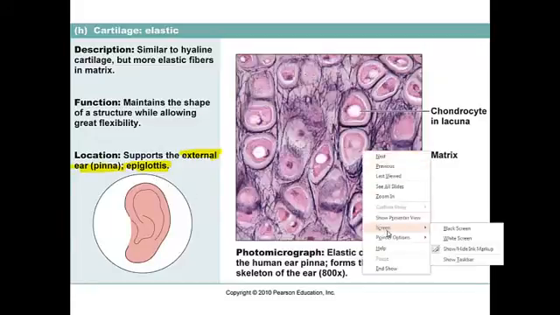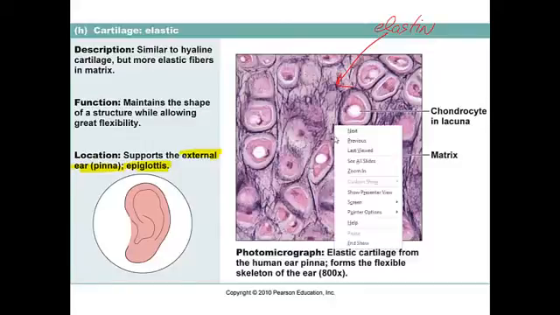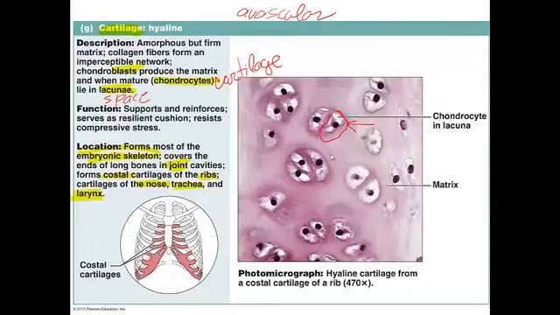What you can see on this slide is an abundance of elastic fibers. These are the very thin fibers that you see here. So this would be the elastin, or the elastic fibers, the protein which is very, very flexible. And you can also see that the chondrocyte in the lacuna is much larger than in the previous one here.